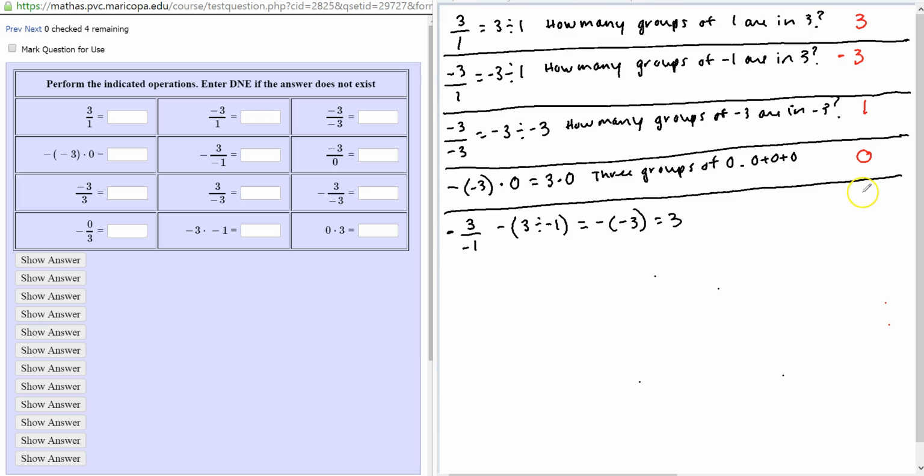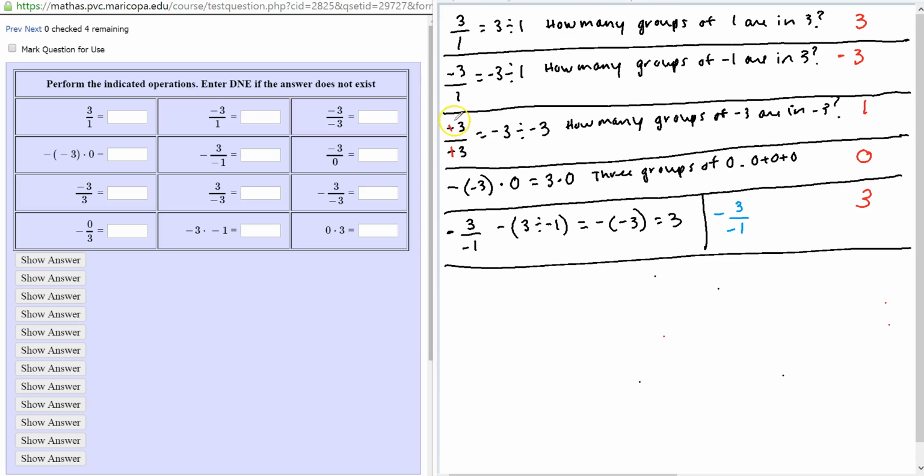Now let's look at some patterns, because that was a little bit tedious. Let's write something right here. So when you have something written in fraction form, no matter where the negatives are, so here we had a negative on top and negative on bottom, we could just cancel those out, and lots of times we cancel them out by making them look like plus signs.